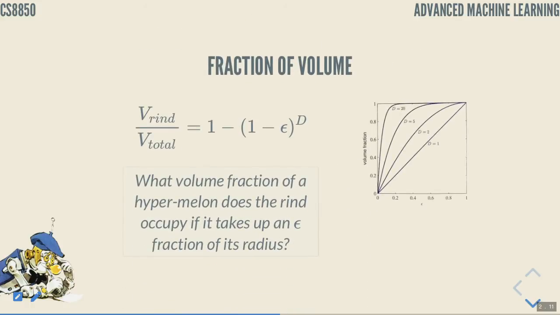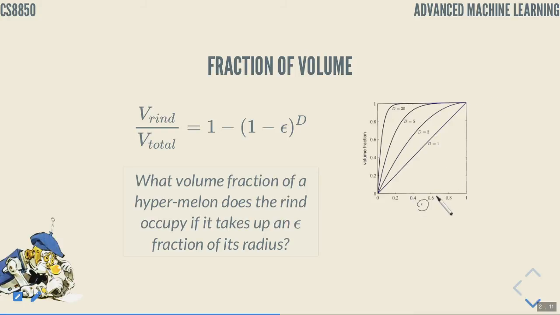We can look at a different plot now: volume fraction as a function of the radius, as a function of the thickness of the outer shell. So if our dimensionality is 20 and our outer shell is just 25%, it's already taking up all of the volume.